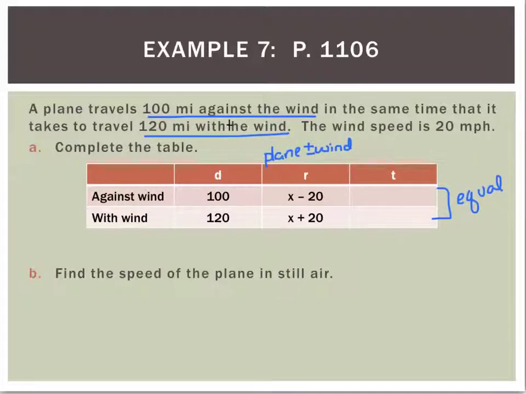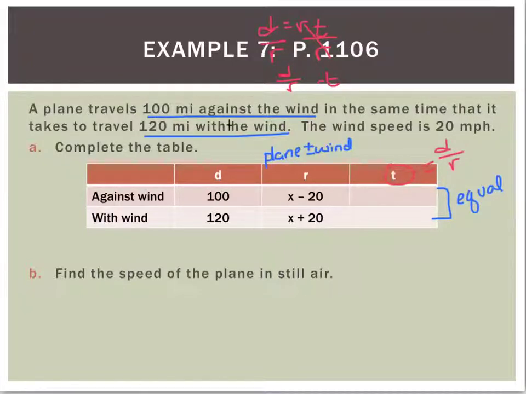So now remember that our formula is distance equals rate times time. So in this case, I'm trying to fill in values for t. So if I solve for t, that means I want t by itself, so I'm canceling the r. So time equals distance divided by rate.